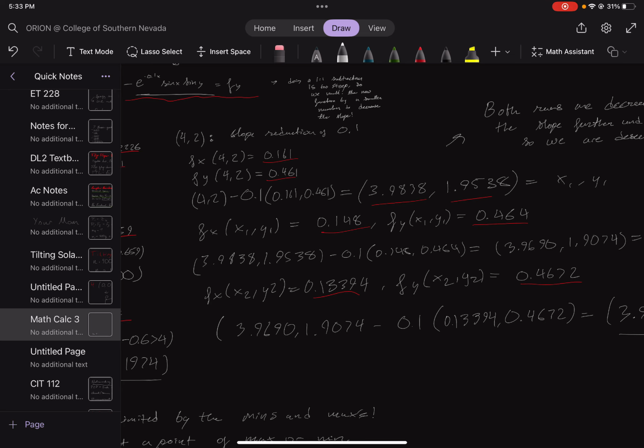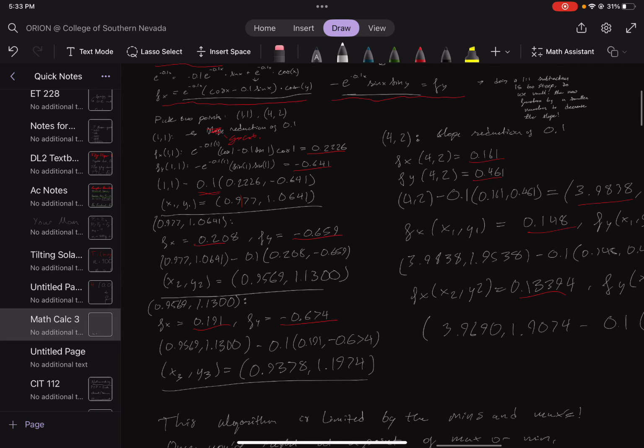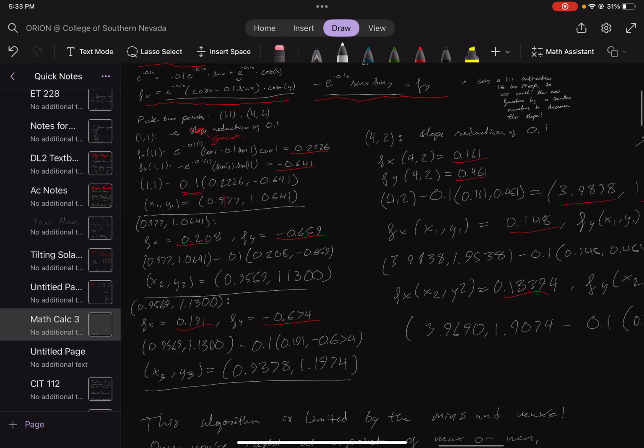When I graphed this thing in 3D, I zoomed out on it, and I noticed that the 3D graph has different basins, and they're all different. As it goes on, the basins get deeper and shallower. So notice that the gradients are different for each.